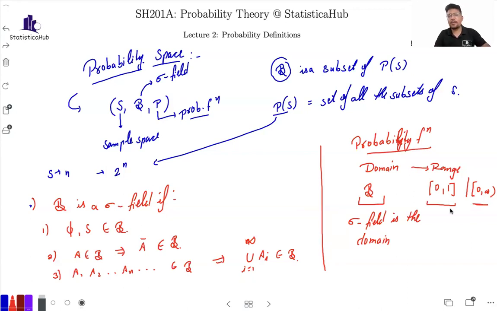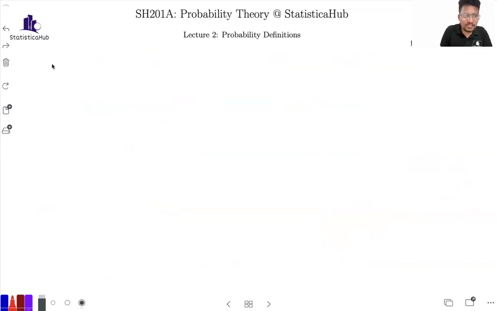Once we define the probability space, the sigma field and the probability function, then we can move to the concept of axiomatic probability. Okay, let's move to the axiomatic probability. In the previous slide, I defined the probability function. This probability function is considered axiomatic probability if it satisfies certain conditions, or axioms, that I'm going to define right now.